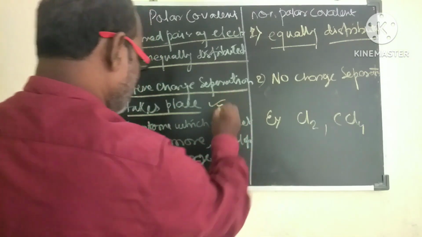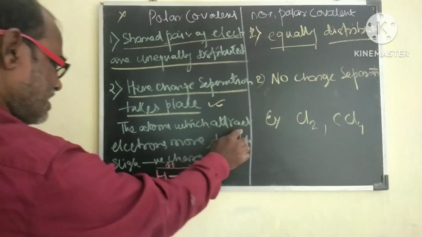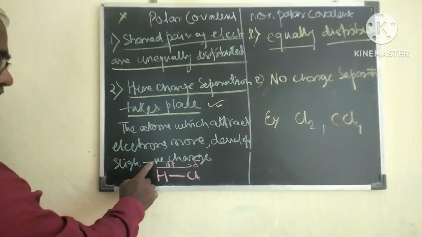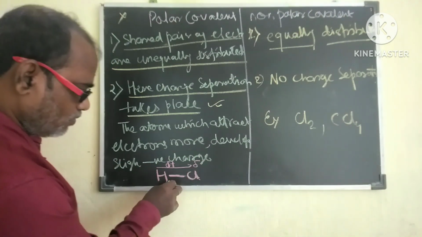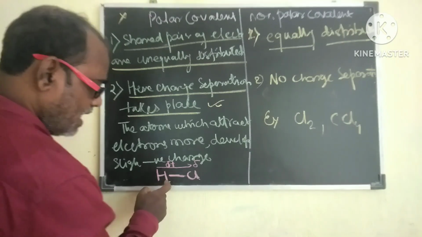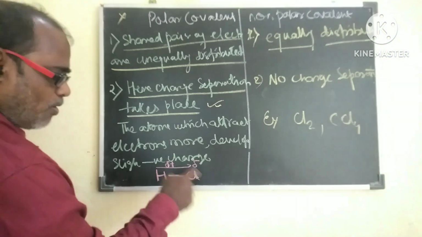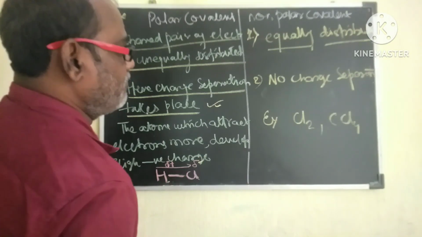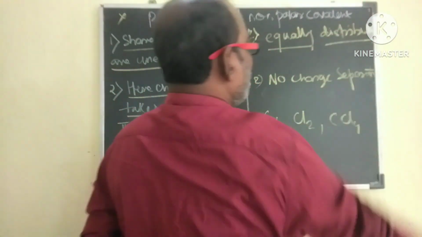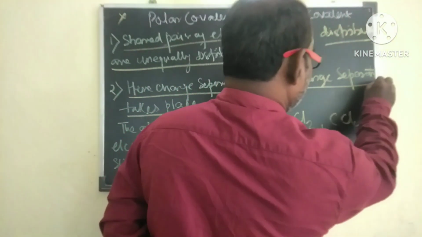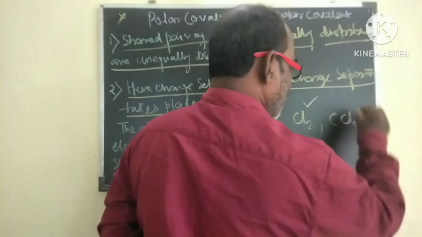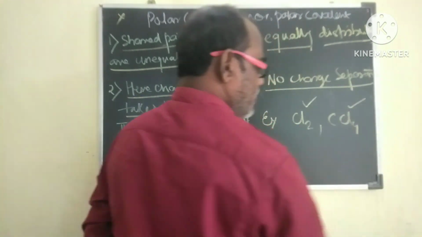You have to remember this. The atoms which attract electrons more develop a slightly negative charge, as in the case of hydrogen chloride, which I explained before. Whereas in non-polar covalent, no charge separation takes place, for example chlorine and carbon tetrachloride.